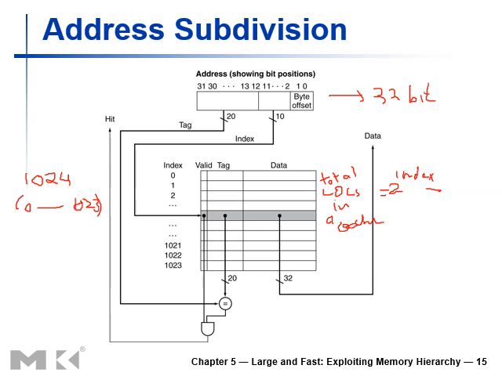That is equal to cache size divided by block size multiplied by the level of associativity, where a direct-mapped cache can be seen as a one-way set associative cache.